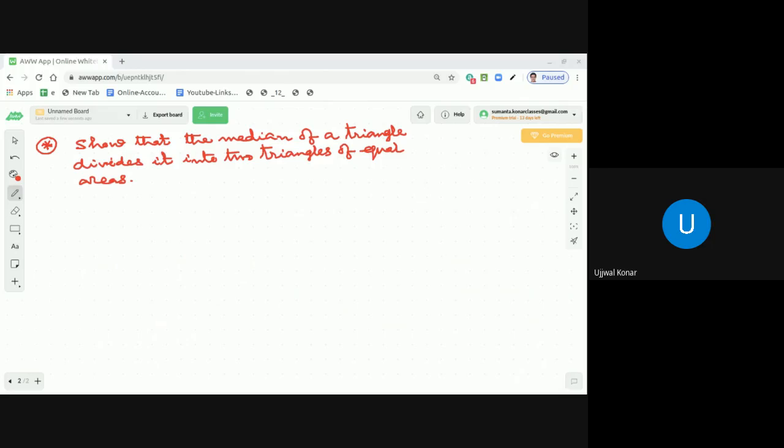Let us validate this statement. To validate it, dear students, we first need to draw our diagram describing the problem statement. That means we should have a triangle ABC, and AD one of its medians.